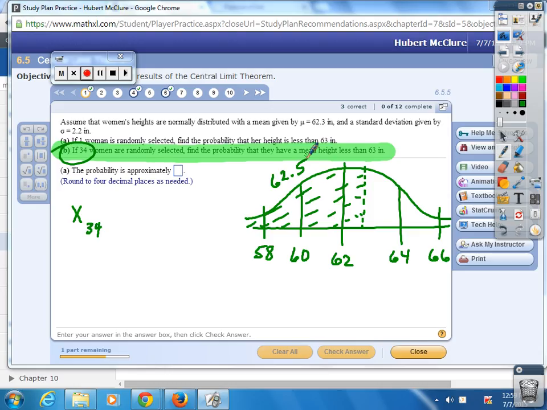So we got to find our z-score. It should be z, not x, at 34.